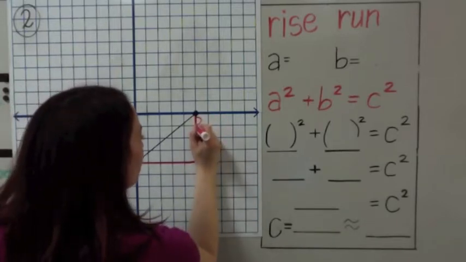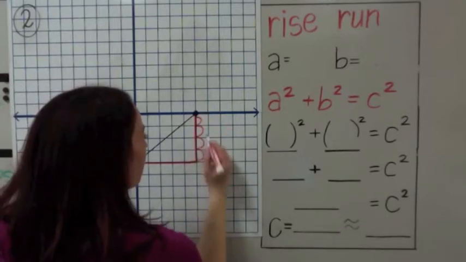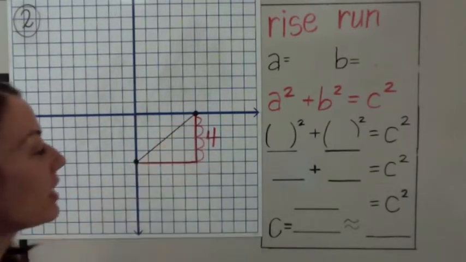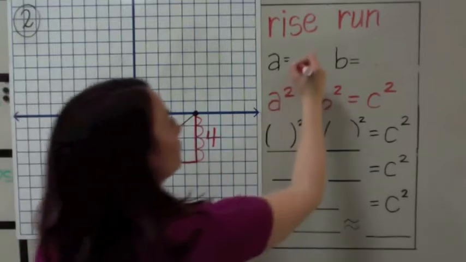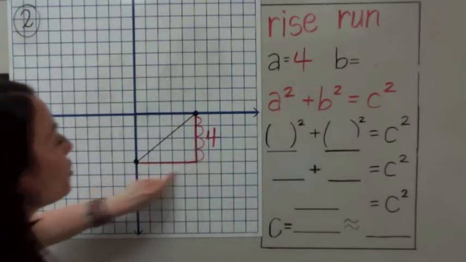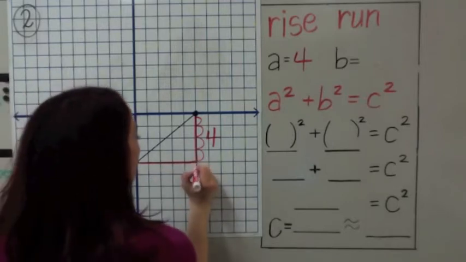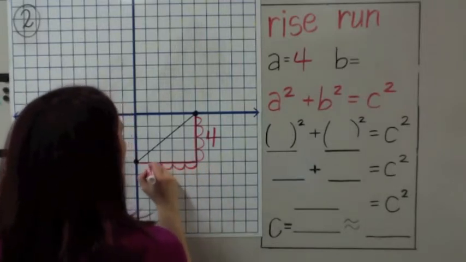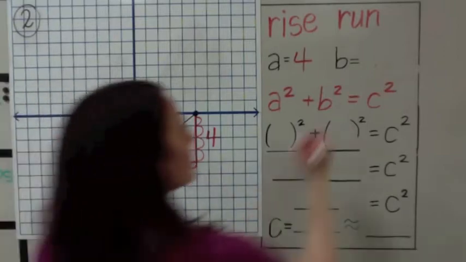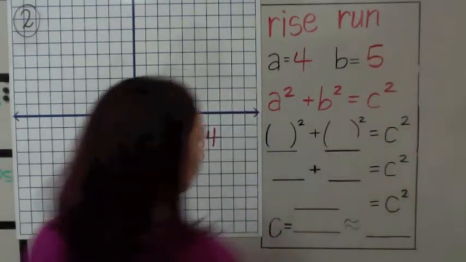So 1, 2, 3, 4. Okay. That means the rise, the vertical distance is 4. It's what? 4. Cool. And the run, how many units? We're just jumping units. 1, 2, 3, 4, 5. Okay. So what is the run? The run is 5. Cool.